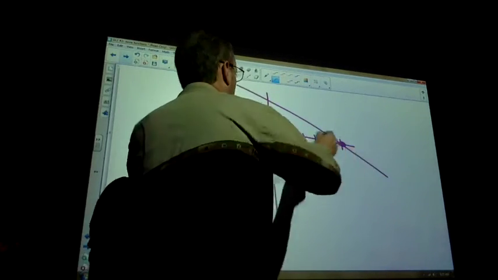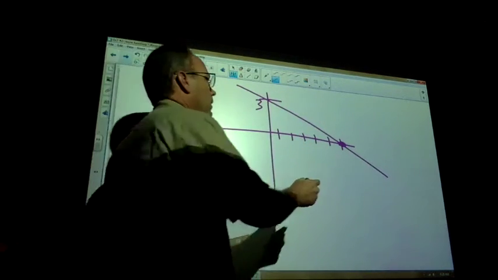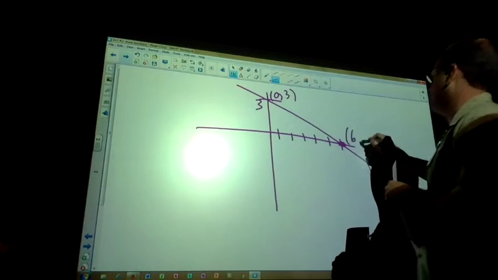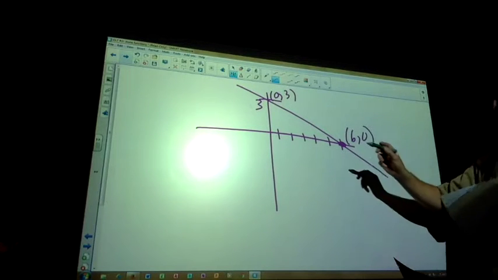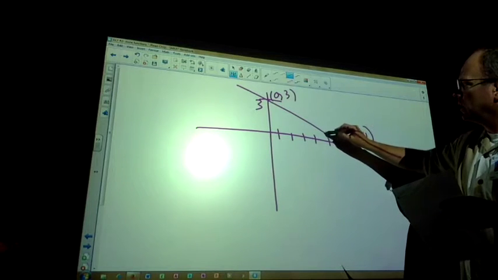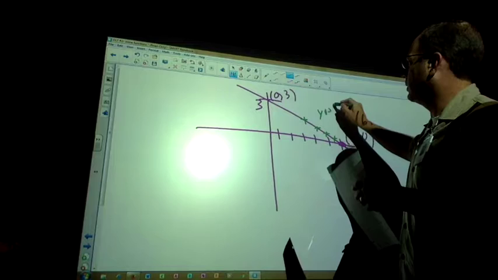Roughly. This is like 3, I believe. Right? So this is the point 0, 3. This is the point 6, 0. Right? So, all of this has a positive y value.